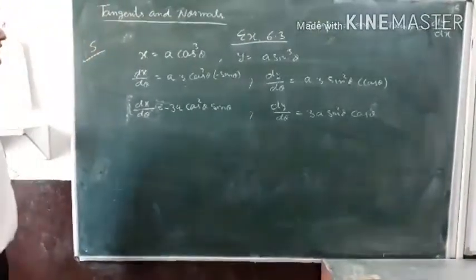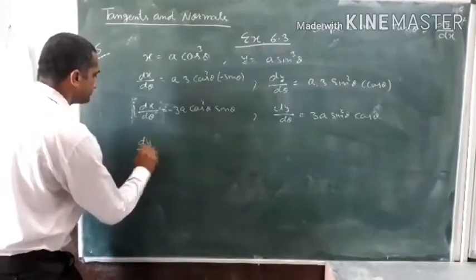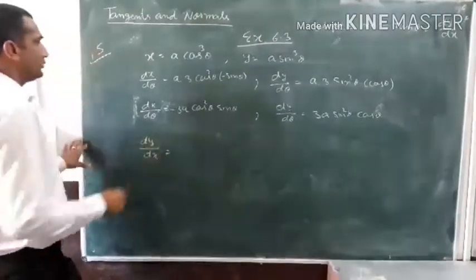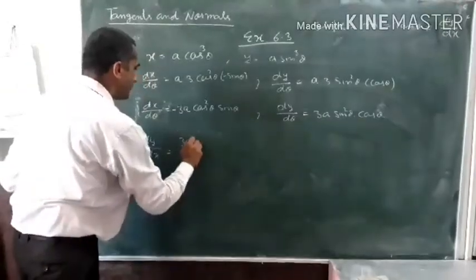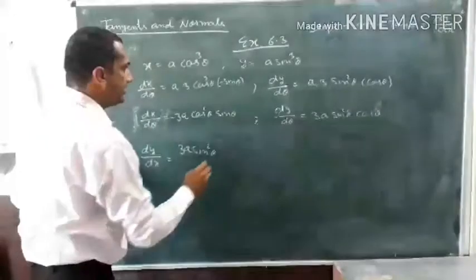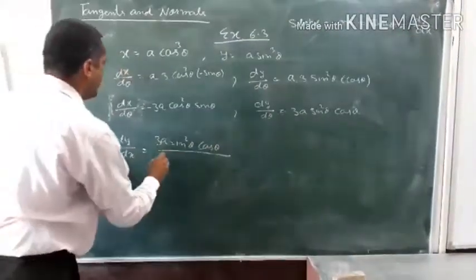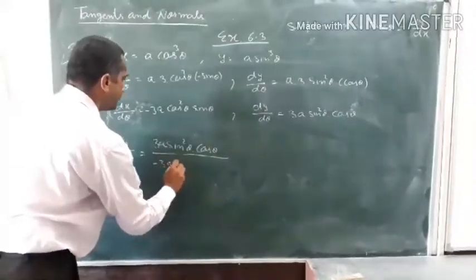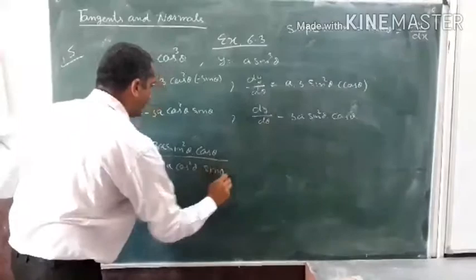Now you have to find the slope. You know that dy over dx is equal to 3a sin square theta cos theta divided by minus 3a cos square theta sin theta.